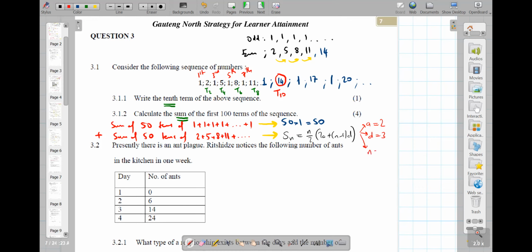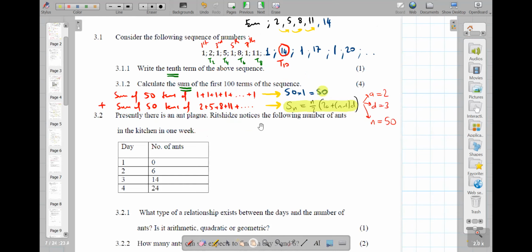What is my n, number of terms, 50. So I actually know everything. Then I can just substitute into the formula, and add the answer to 50. Because there are 50 ones, they make 50, and there's the other part, whatever they make. We can get it on the calculator using the sum rule for an arithmetic sequence. Okay, so I hope that's clear.